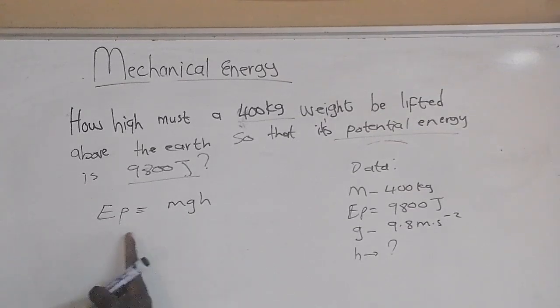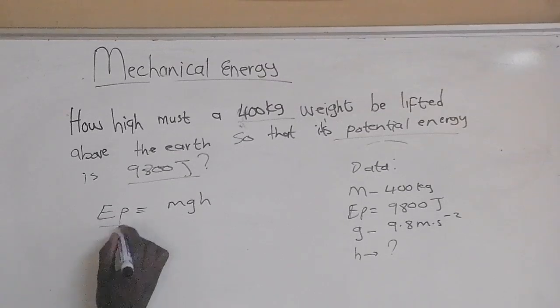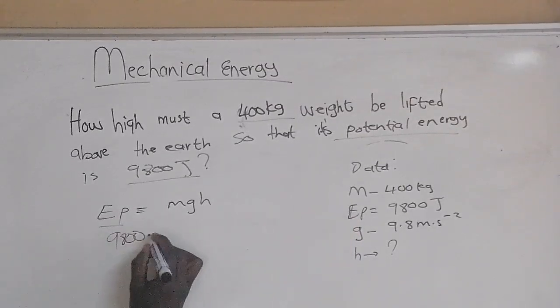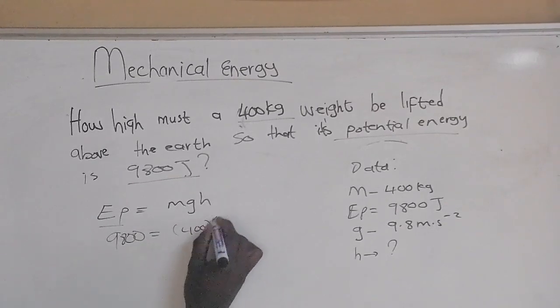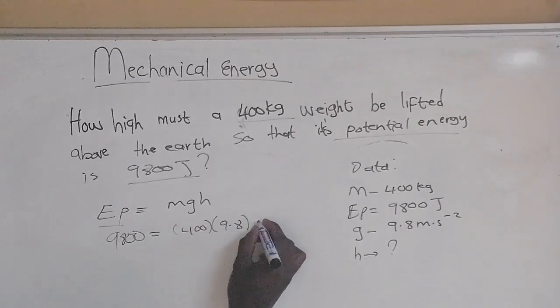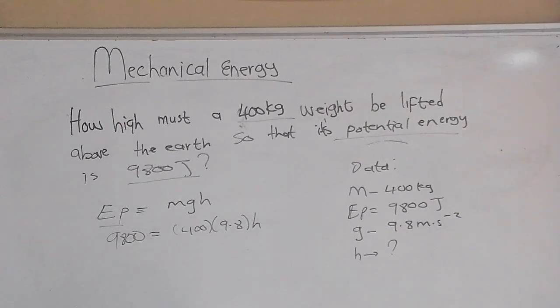Okay, we are happy with the SI units there because those are the correct ones. Now, what is the value of EP? It is 9,800 equals 400 times 9.8 times h, right? Now you just have to use your calculators.